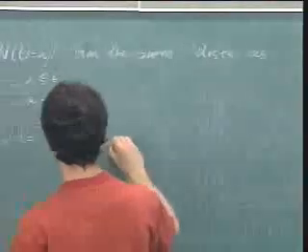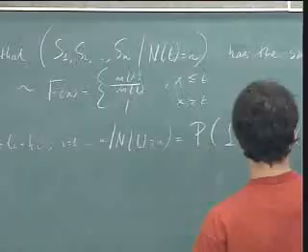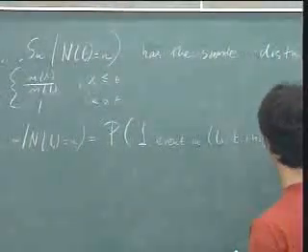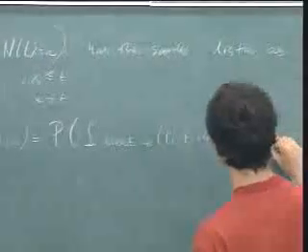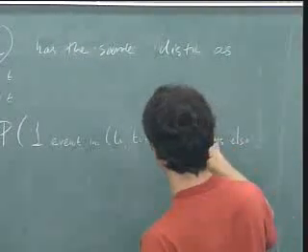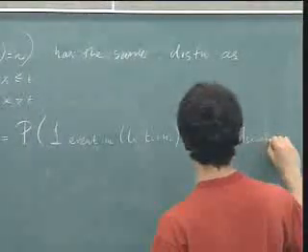This is the probability of exactly one event in (t_i, t_i plus h_i), and no events elsewhere, for i from 1 to n.